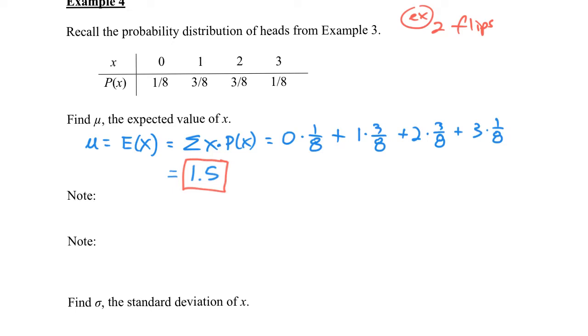Probably most of you would think, well, it's a 50-50 thing, so you probably get 1 head, right? And that is what would happen on average. So if I flip a coin twice, I could get 0, 1, or 2 heads, but 1 head is the most likely. Just like here, the extreme ones are the least likely.